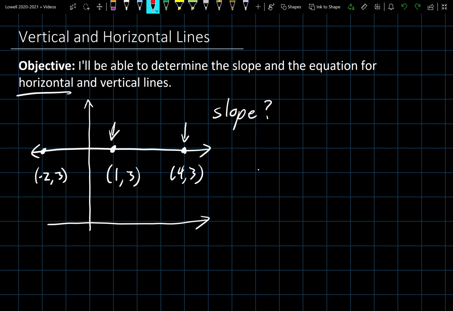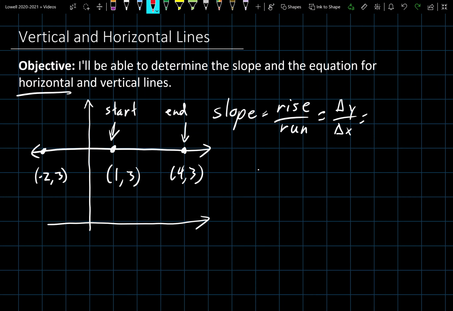The slope is, as usual, rise over run. My rise, my delta y, let's suppose I start right here at (1, 3), and I'm going to end at (4, 3).